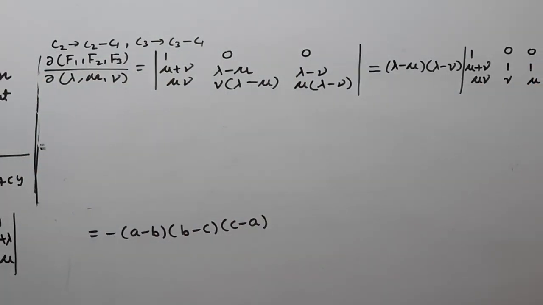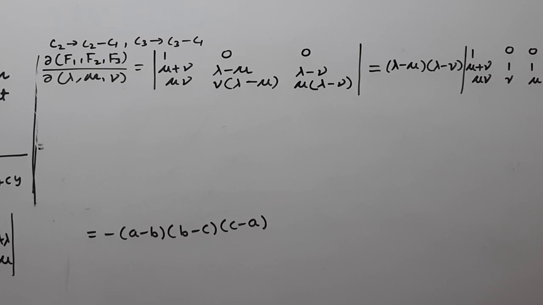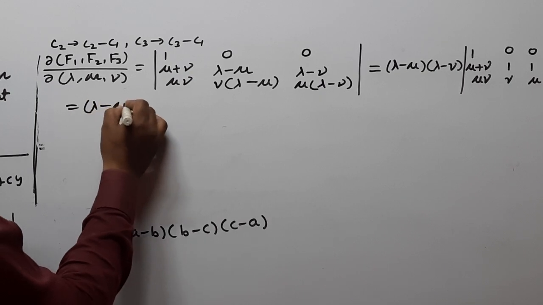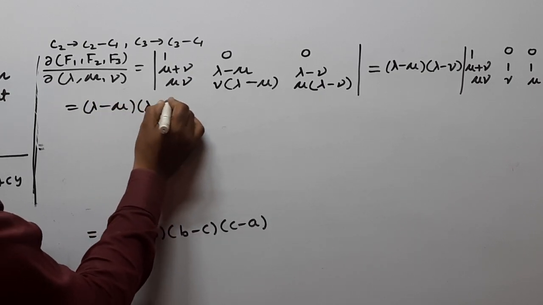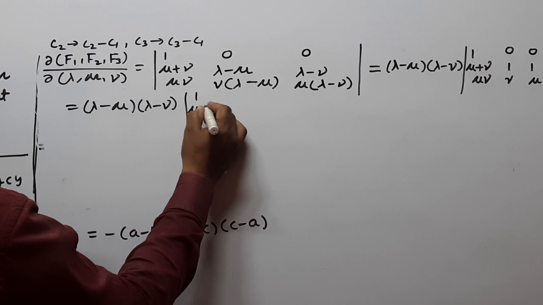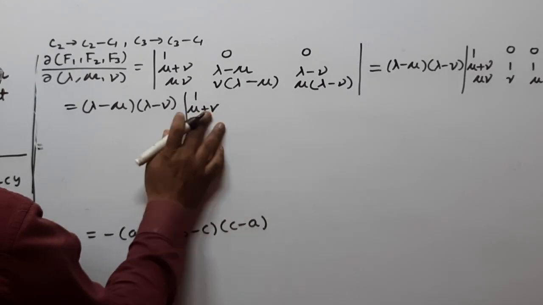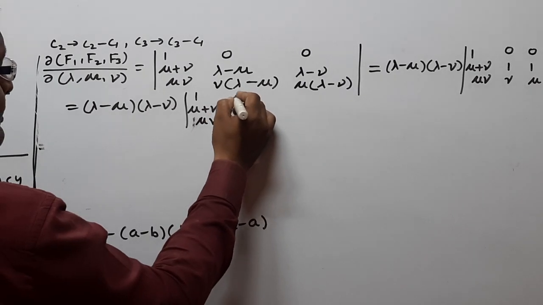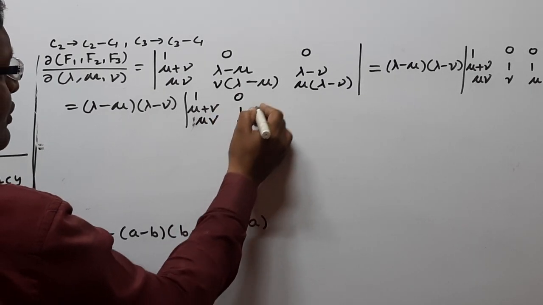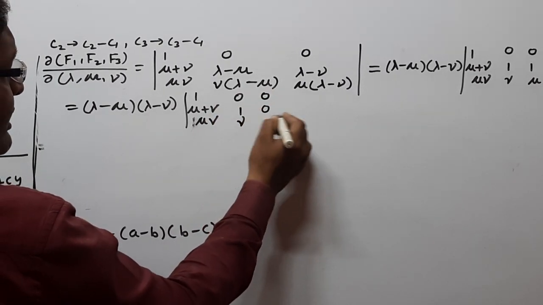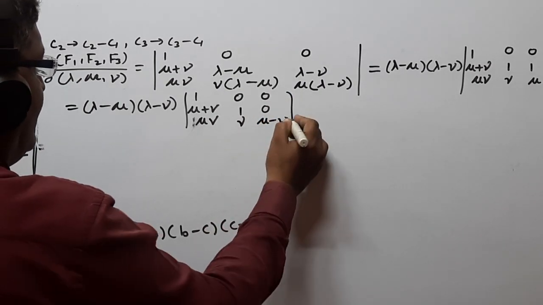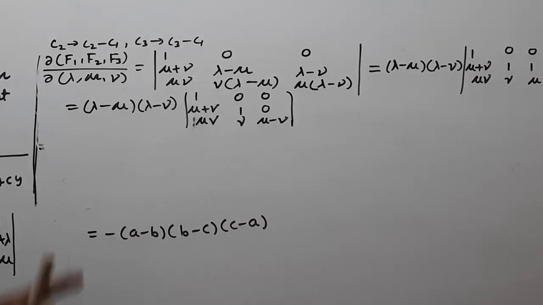Now again we apply the operation in the determinant. So we get lambda minus mu, and 1, mu plus nu, and 0, 1, mu and 0, 0 and mu minus nu. Now we solve this third order determinant.